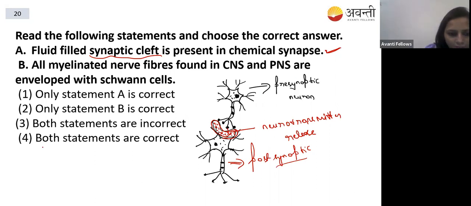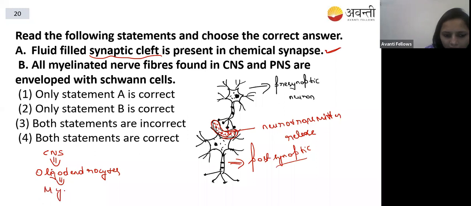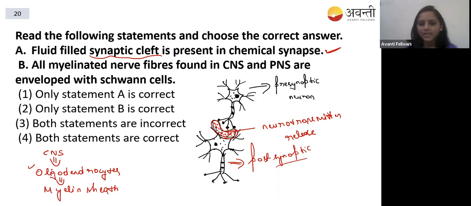In the CNS, the cell required is the oligodendrocyte. It will secrete the myelin sheath for the neurons present in the central nervous system. So not the Schwann cells.